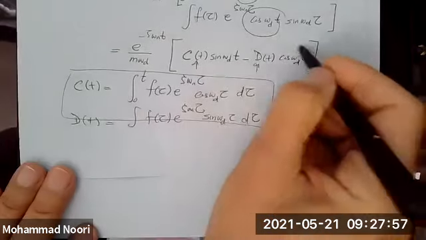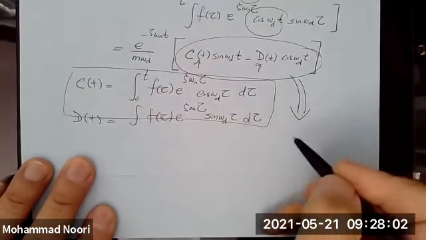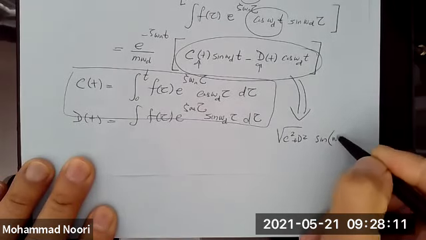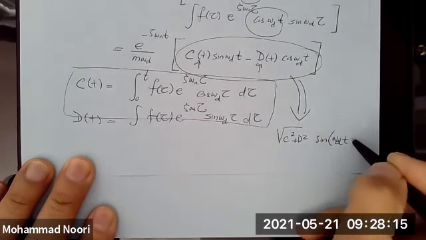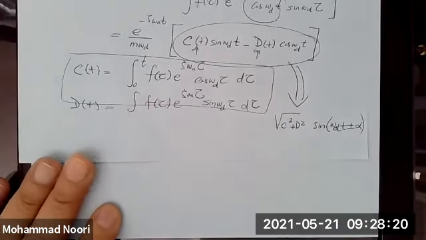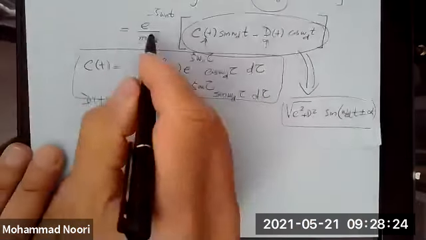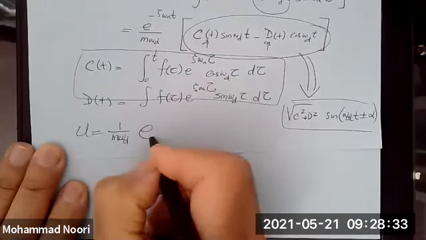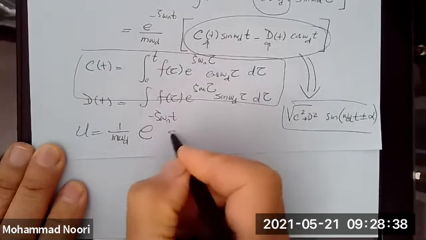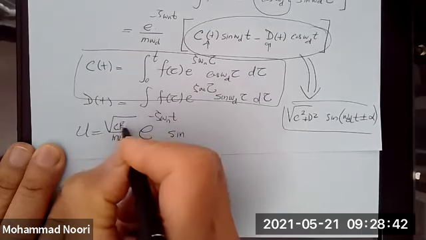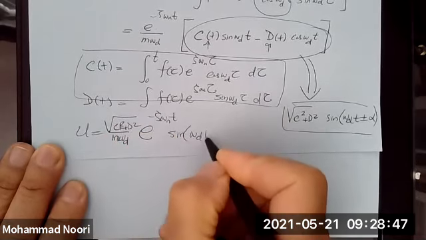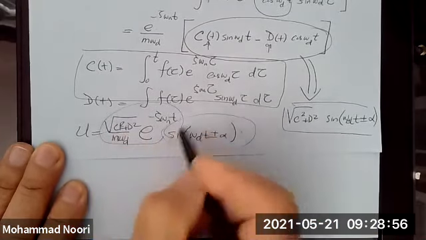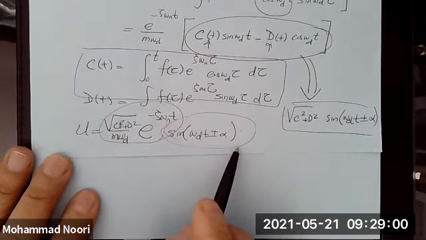Again, this can be written as √(C² + D²) times sin(ωd t ± α). So the overall solution is e^(-ζωₙt)/(mωd) times √(C² + D²) sin(ωd t ± α). You now have a sinusoidal function with an exponentially decaying amplitude.